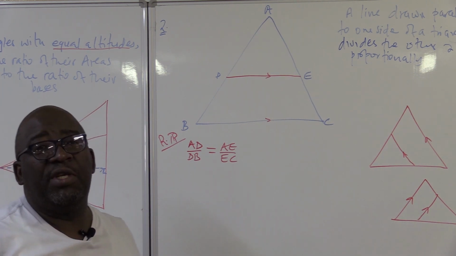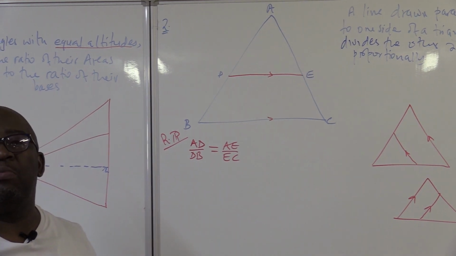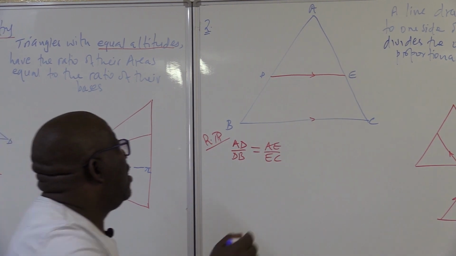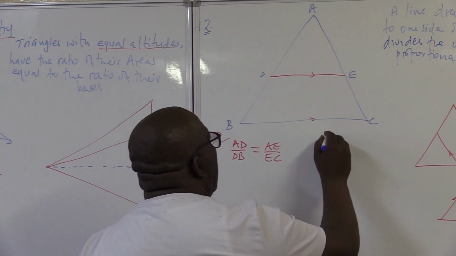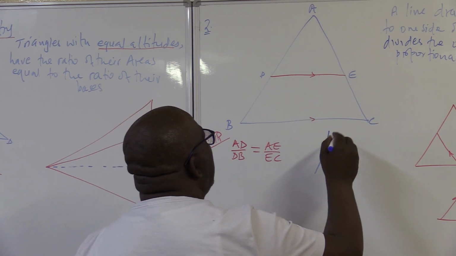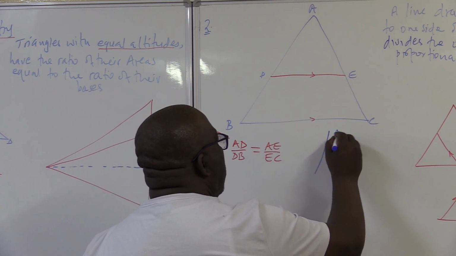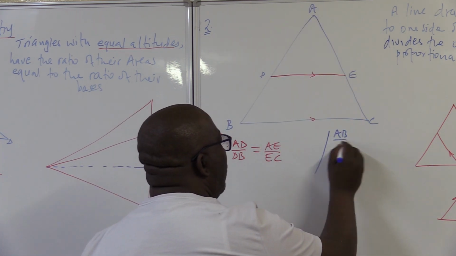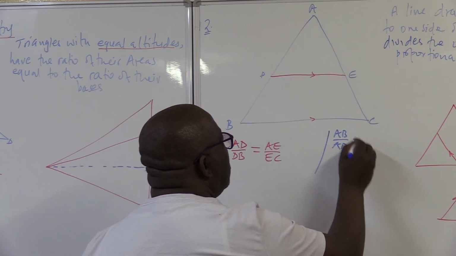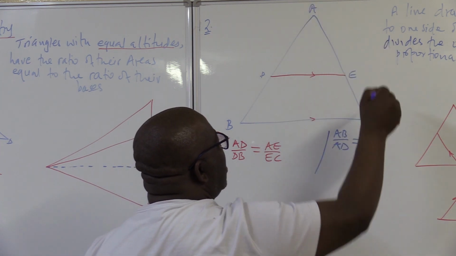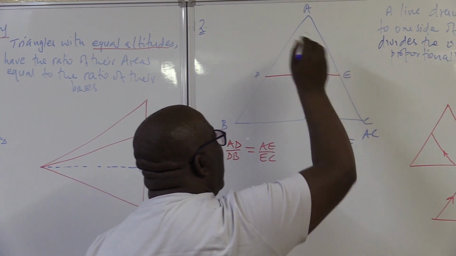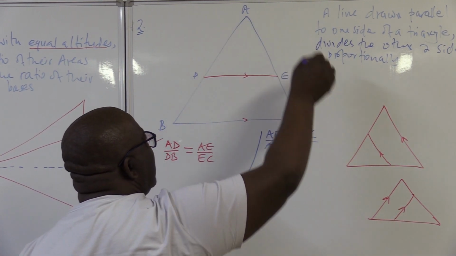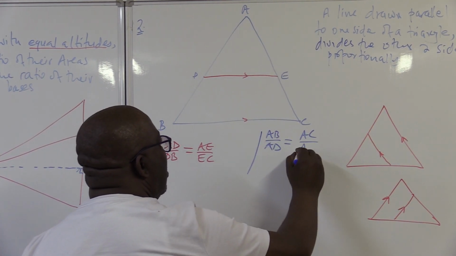But there are so many other options, depending on what the problem is requiring you to find. We can have another option like, let's take the other option, AB over AD, you do the same thing on the other side, AC over AE. We can have as many options as we said, AC over AE.